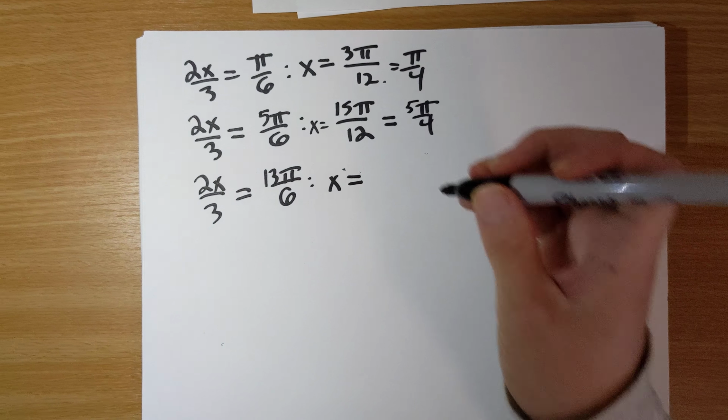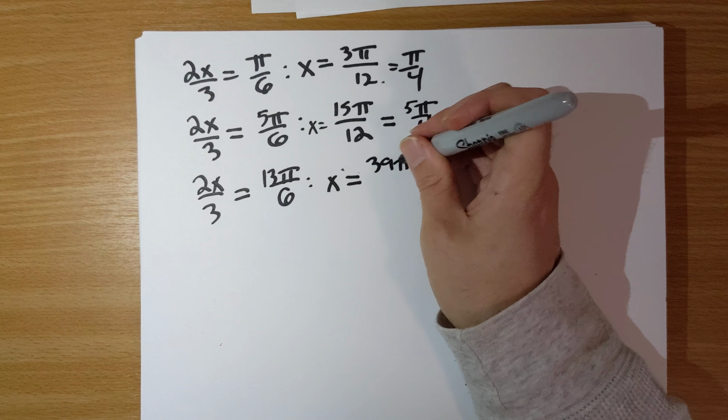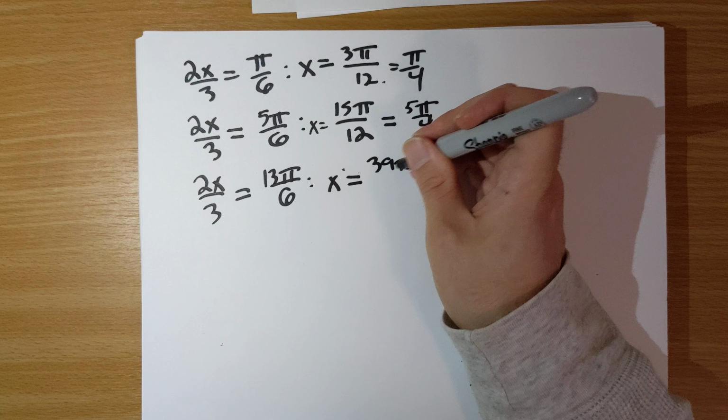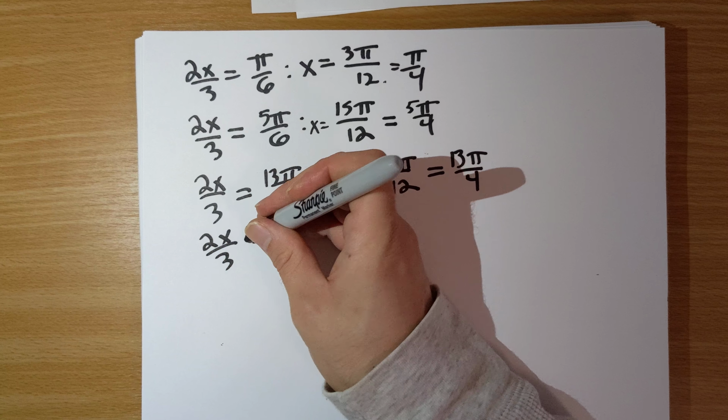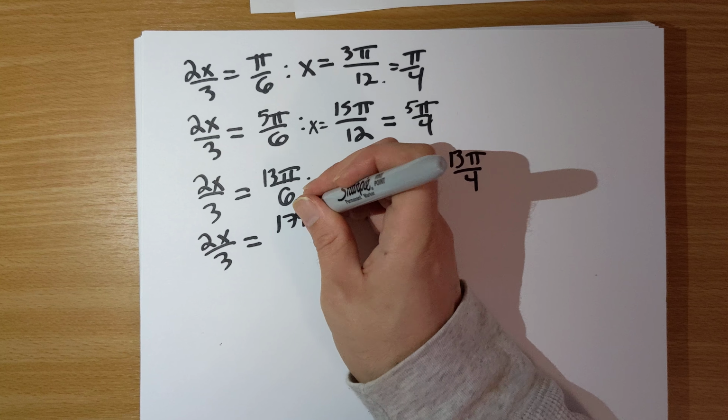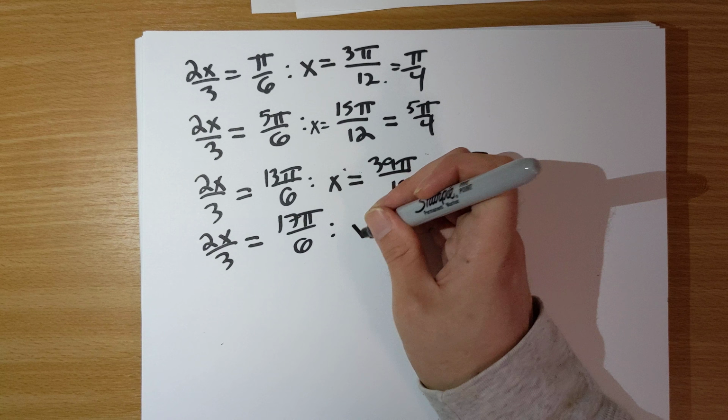So x would be, in this case, 39π over 12, which simplifies down to 13π over 4. And 2x over 3 is equal to 17π over 6. So x is going to be 51π over 12, which is 17π over 4.